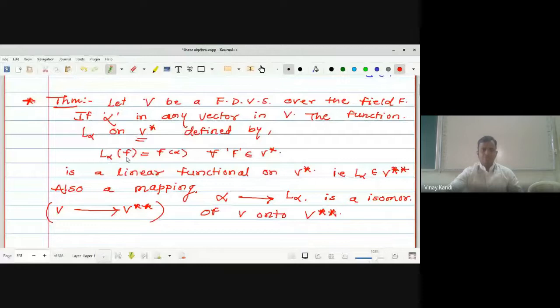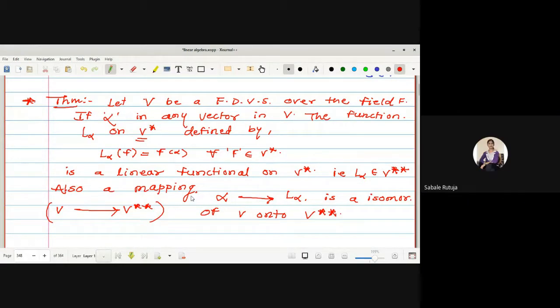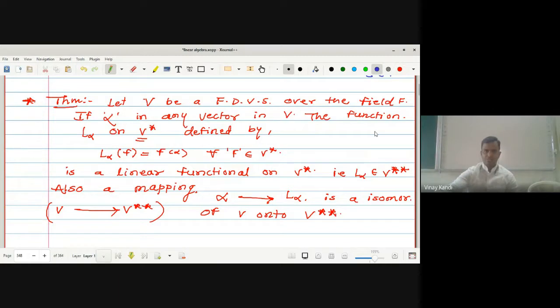We have to prove that this function is a linear functional on V star, that is, L alpha belongs to V double star. And also the map alpha to L alpha, that is V to V double star, is an onto isomorphism. Any doubt? Is there anything in the statement you can't understand? No, sir. Okay, now we will see the proof.